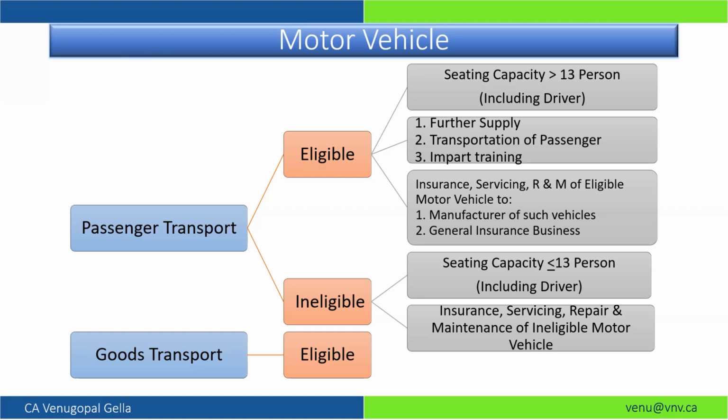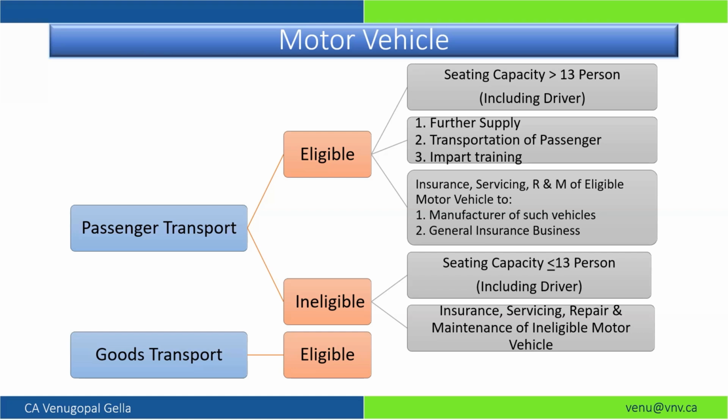Where you are using it for transportation of passengers, then also ITC is allowed. Or for imparting training, then also you are eligible for ITC. But if the seating capacity is less than 13, then blocked credit will come into the picture and you won't be eligible for the ITC on it.